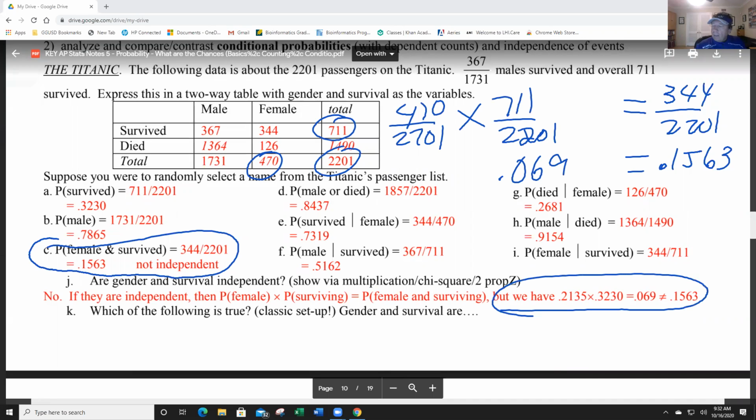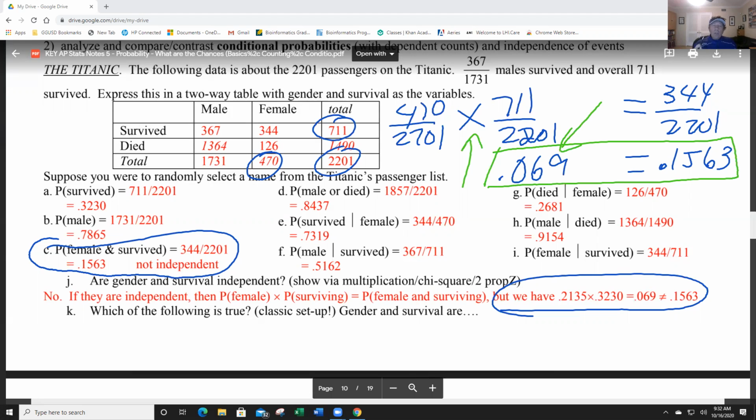Okay. Now, let's look at these numbers. This is incredible, okay, to see how much of a difference it was. I changed colors there. Look at that. If the events were independent, then you could multiply and you could say the chances of being female and surviving is around 7%.